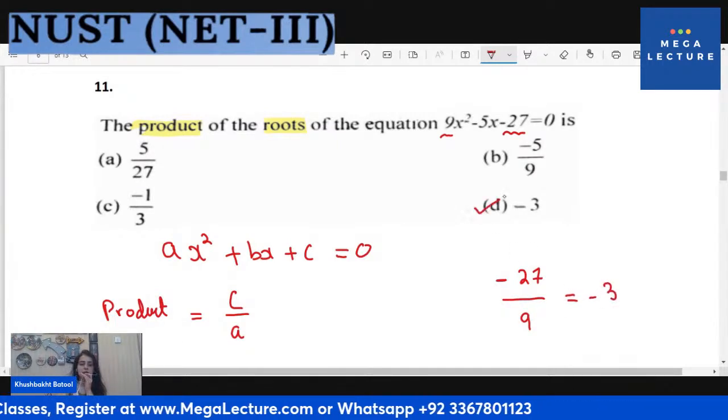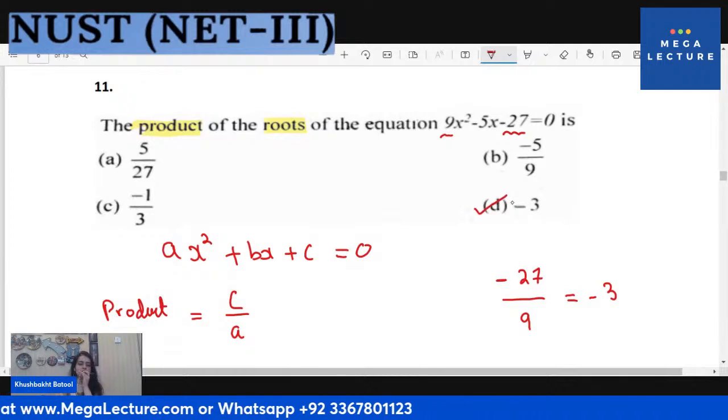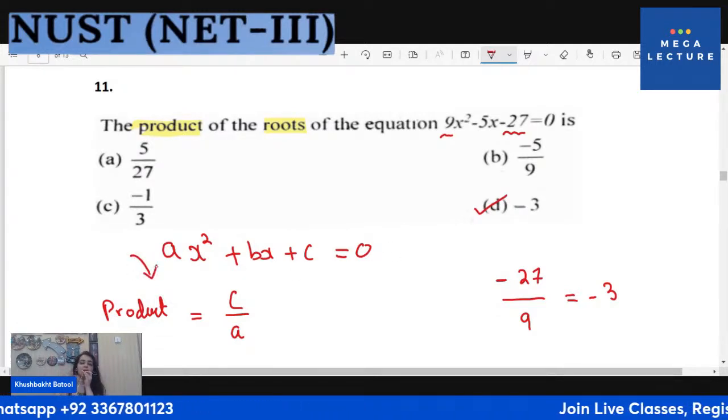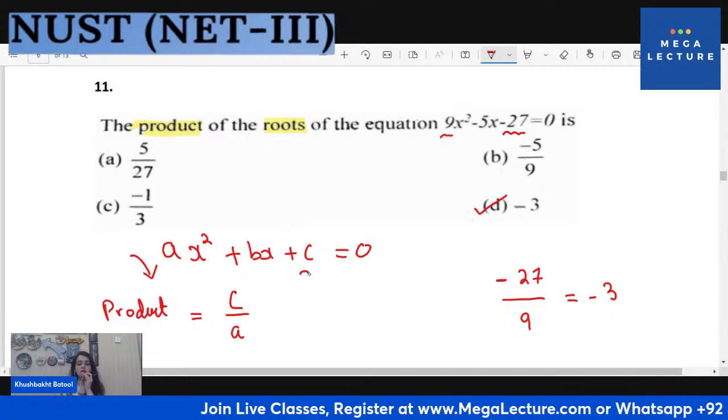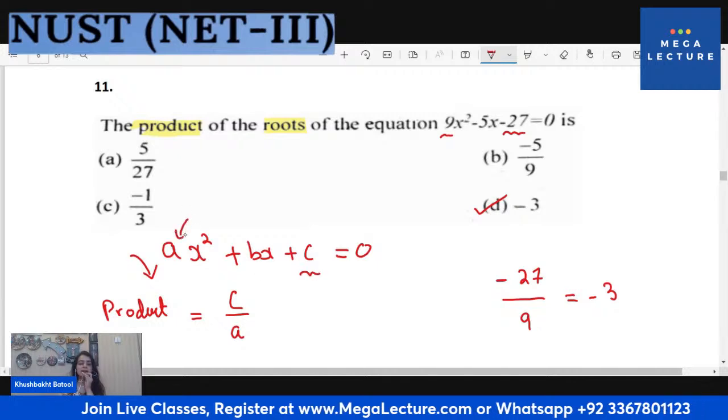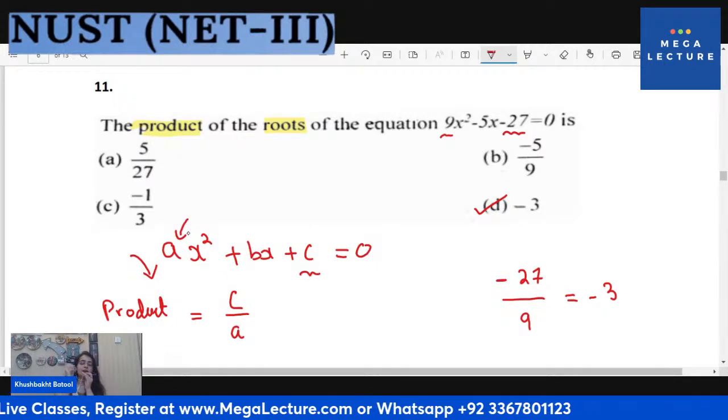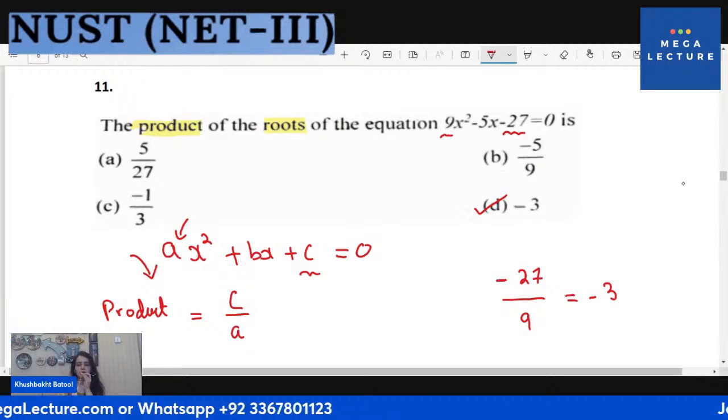So the answer is going to be D in this case. It was simple. You should just remember this formula, that whatever roots you would get, the product is going to be c by a. C is the constant term and a is the coefficient of x squared. You need to divide it and that would give you the final answer.